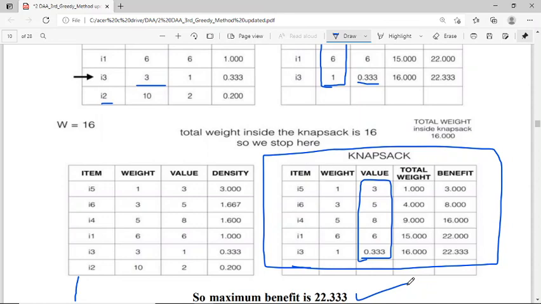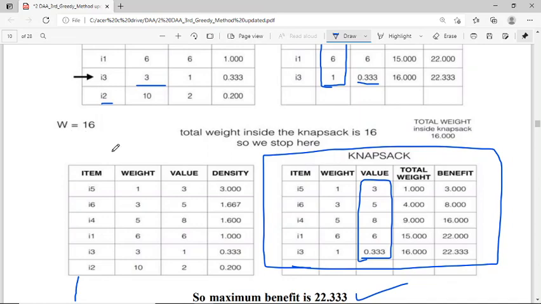Here there are 2 things. First, we need to satisfy the constraint. What is our constraint?